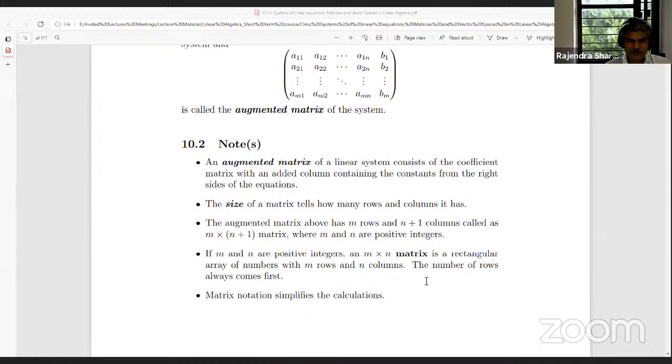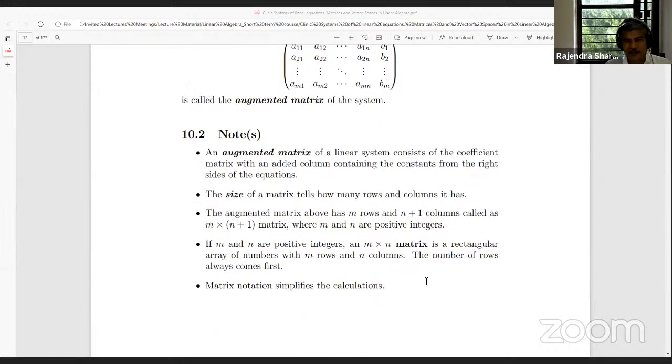Well, so just to summarize, an augmented matrix of a linear system consists of the coefficient matrix with an added column containing the constants from the right hand side of the equations. The size of the matrix tells how many rows and columns it has. The augmented matrix has m rows and one more column that makes n plus 1 columns. So this is of order m by n plus 1. m and n are positive integers naturally.